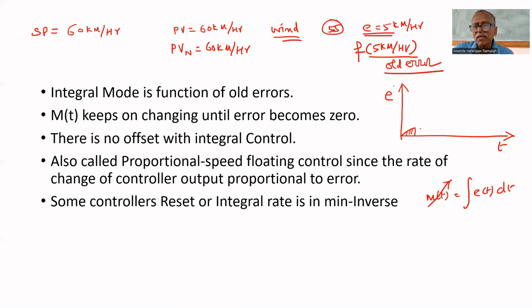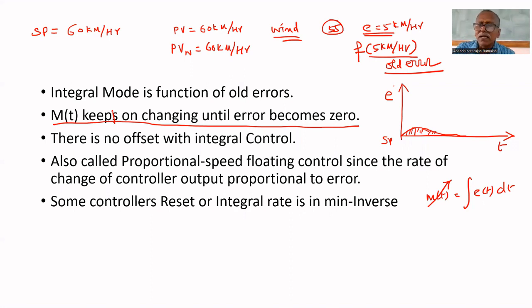Suppose the response comes again to the set point and the error becomes 0. Till then, the controller output will increase. That's why M of t keeps on changing until the error becomes 0.